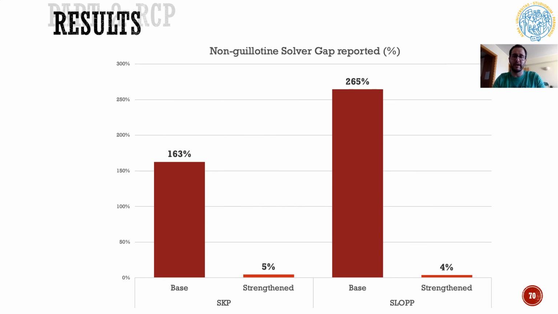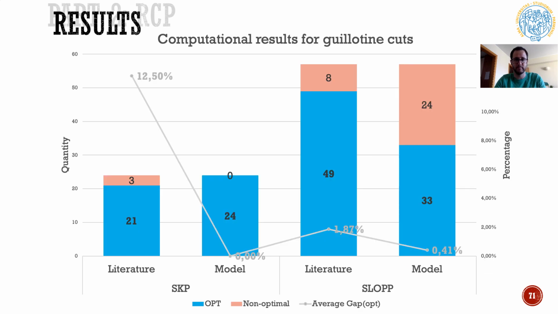Additionally, we've analyzed the impact of the constraints to strengthen the non-guillotine model. Here we conclude that for both problems, SKP and SLOPP, the constraints included strengthen the base model with a large positive impact on the solver gaps. Finally, we analyze the model's performance in comparison to the state-of-the-art formulation for guillotine cuts.